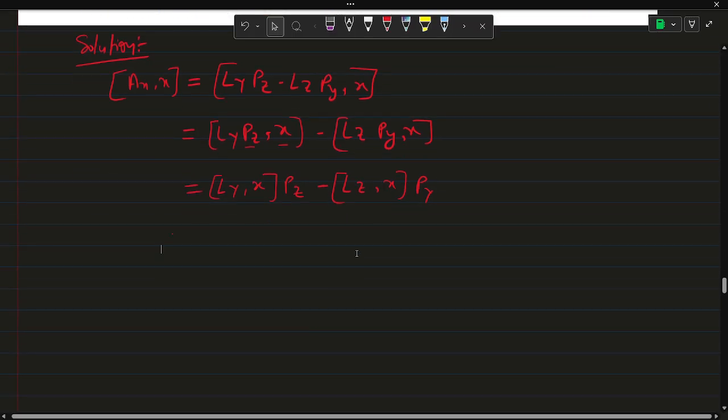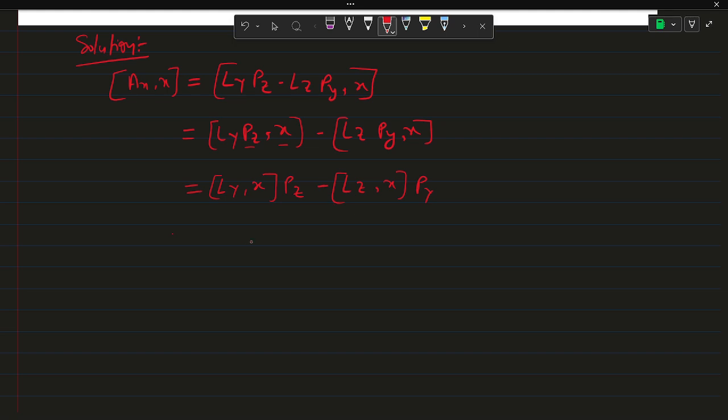Now we will expand Ly and Lz. Ly is equal to z Px minus x Pz, and Lz is equal to x Py minus y Px.